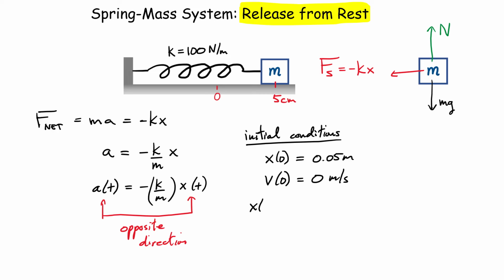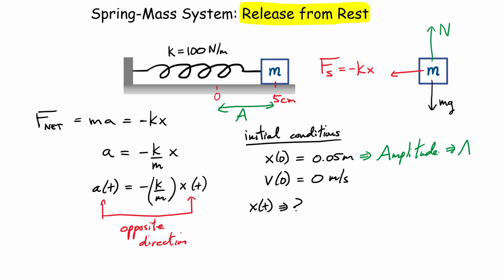If I'm able to find x of t, I'm able to tell you exactly where this block is for every single time. One convention that's often used is that if I release it from rest, this initial distance, we're going to call the amplitude. This is what we typically call the amplitude of the oscillation.